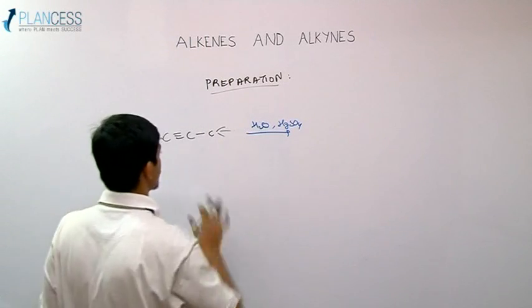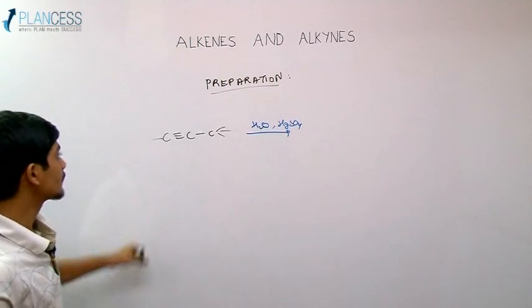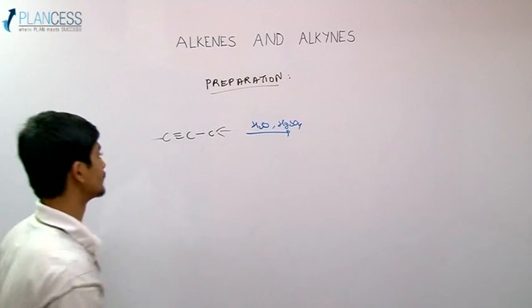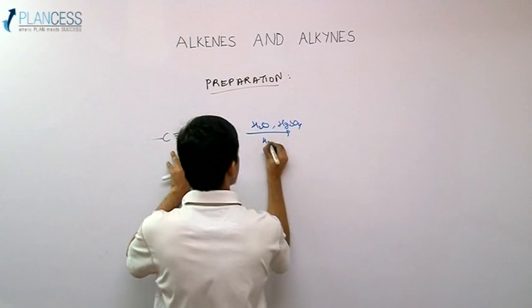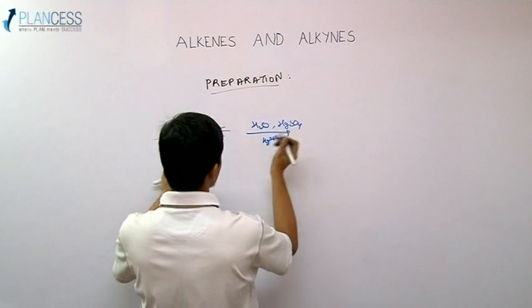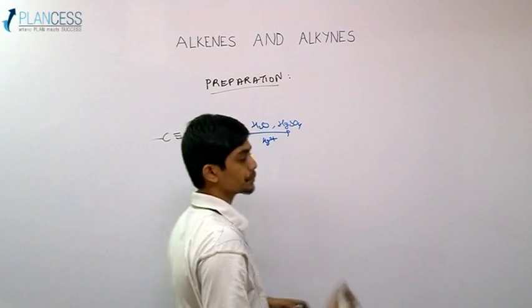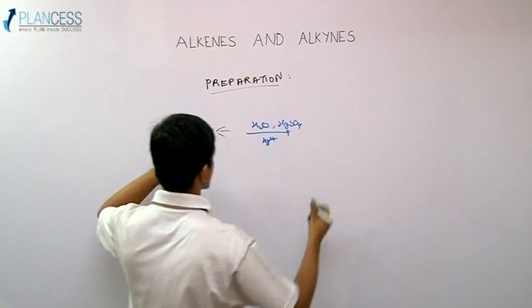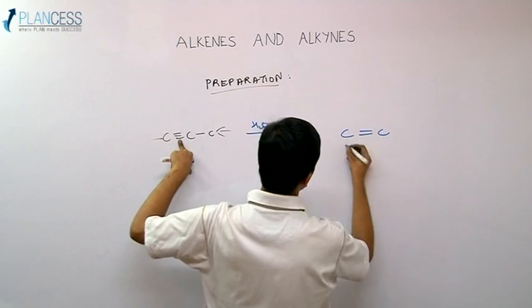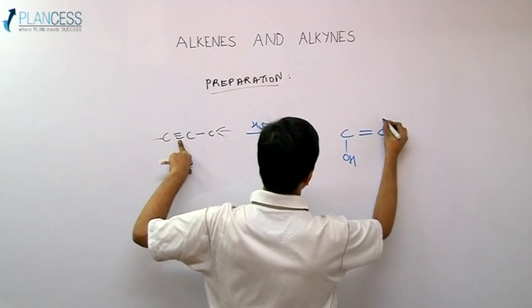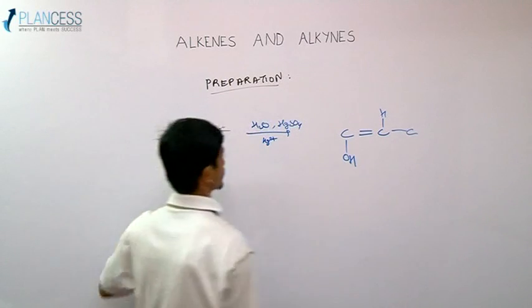What do you think will be the reaction? Normally H2O will add over here, so Hg2+ is already present. In addition to that, we are just mentioning that Hg2+ is also present. So if you just do this, we get alcohol over here and hydrogen over here, and normally this carbon.